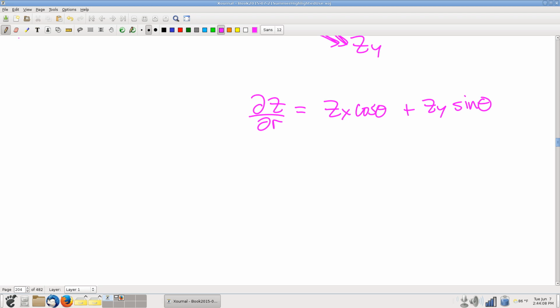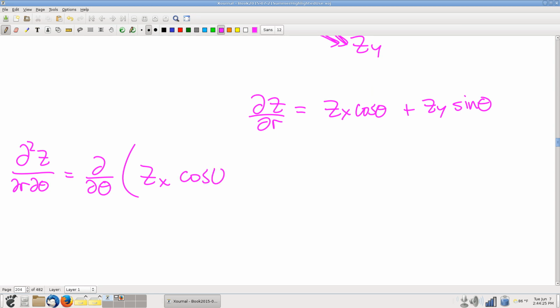Okay. Let me give myself a little bit more space by coming over here. And now I'm going to do the second partial of z with respect to r and theta, and I'm going to take the theta partial of this business. I'm going to have a couple of product rules that I have to deal with here.